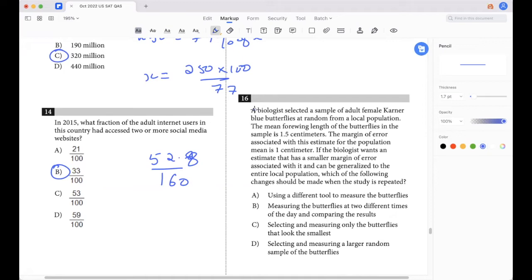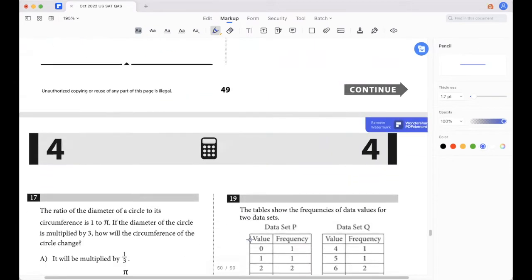Option A, using a different tool to measure the butterflies. Option B, measuring the butterflies at 2 different times of the day and comparing the results. Option C, selecting and measuring only the butterflies that look the smallest. Option D, selecting and measuring a larger random sample of butterflies, right? So if you increase the sample size, the margin of error would go down.